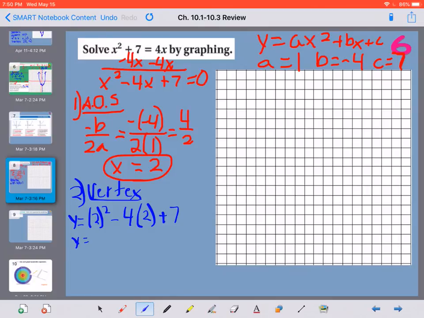So y equals 4 minus 8 plus 7. 4 minus 8 is negative 4, plus 7 gives us a positive 3. So our vertex in this case is going to be our x of 2, our y of 3.